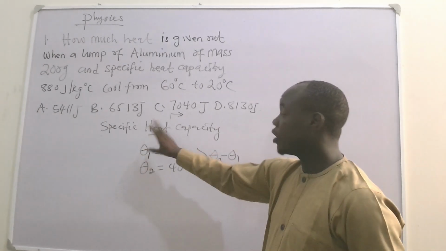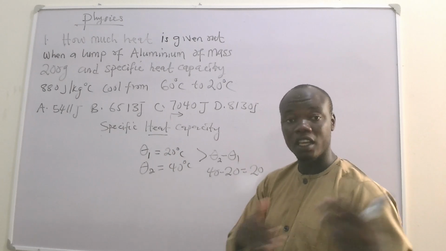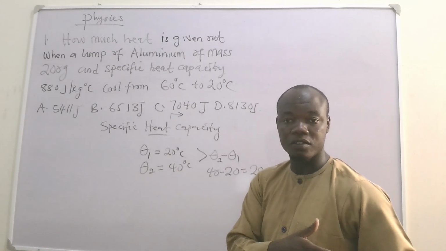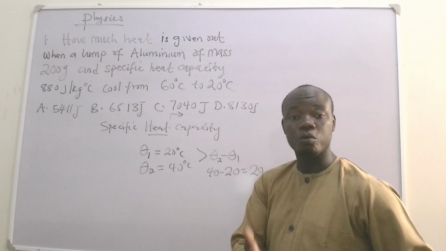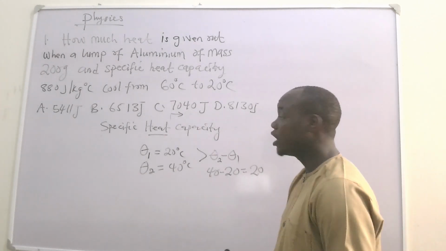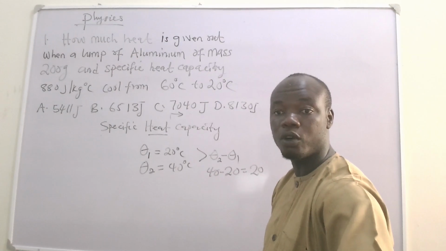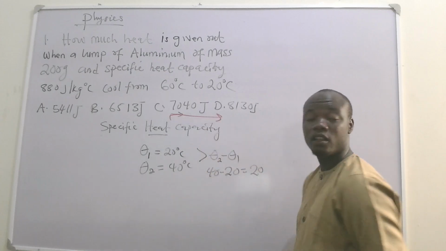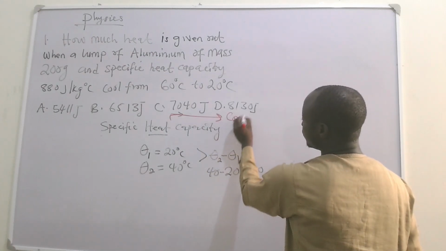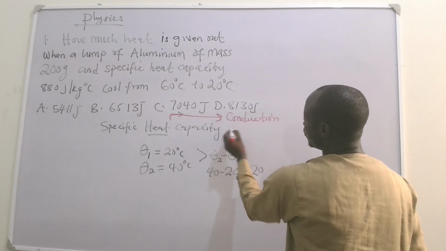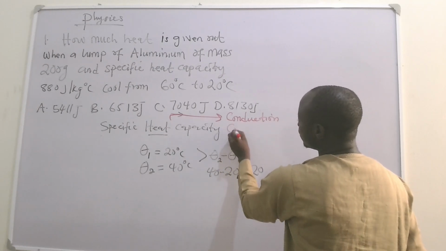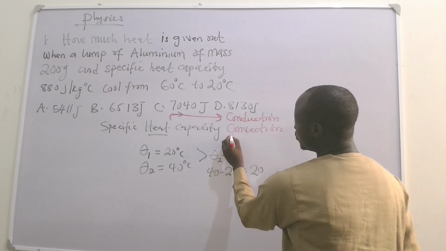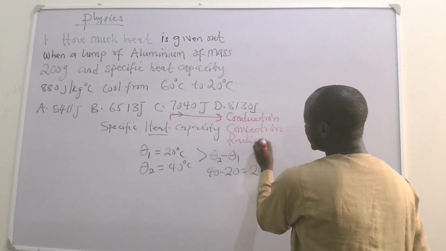So now, we have different methods of heat transfer. As we said, heat is a form of energy that transfers due to temperature differences. And what are the methods of heat transfer? We have conduction, we have convection, and we also have radiation.